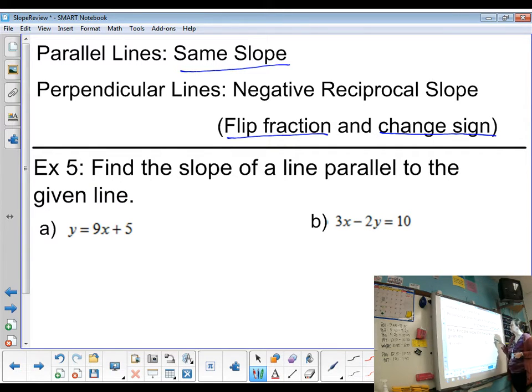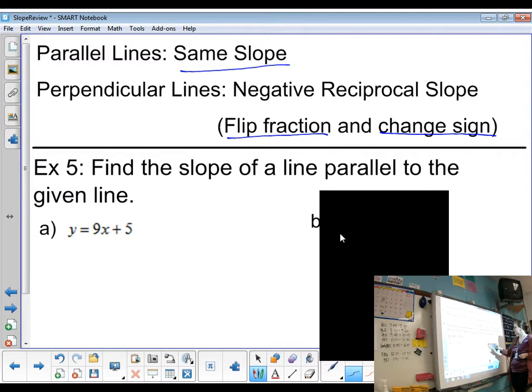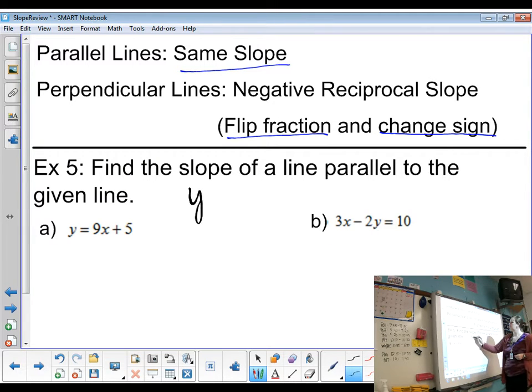Our first example deals with parallel. It says find the slope of a line parallel to the given line. So you always want to check and see if your equation is already set up in your y equals mx plus b form. Our first equation here is already in y equals mx plus b, or slope-intercept form.